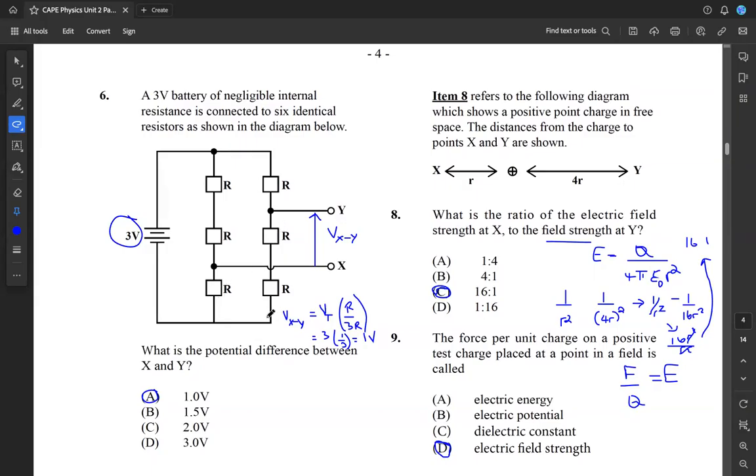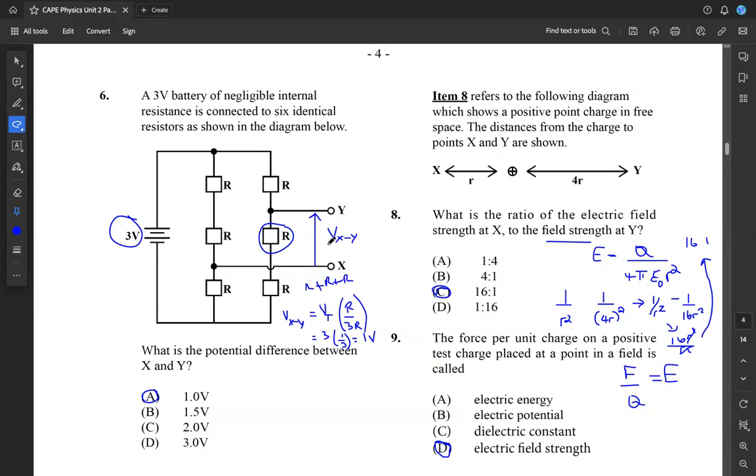All 3 resistors are in that arm down here. So we would do the resistance of this particular load divided by the total resistance, which would be R plus R plus R. So that's 3R.